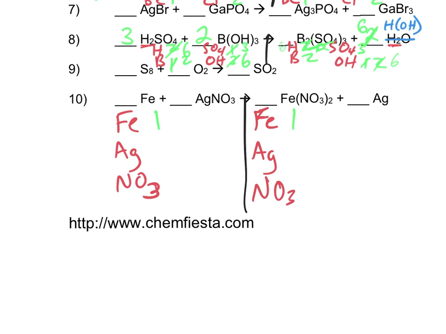I've got 1 and 1, 1 and 1, 1 and 2. I have 1 of the nitrates and I have 2 of the nitrates. That's why I just said that. So I'm going to double this so we have twice as much nitrate, but I now have twice as much silver. So I better throw 2 out here to balance the silver, and we are good.